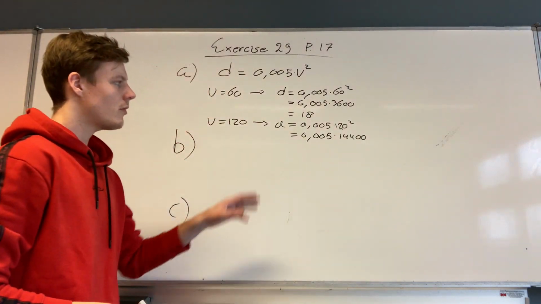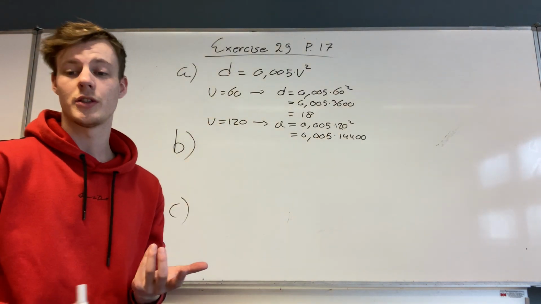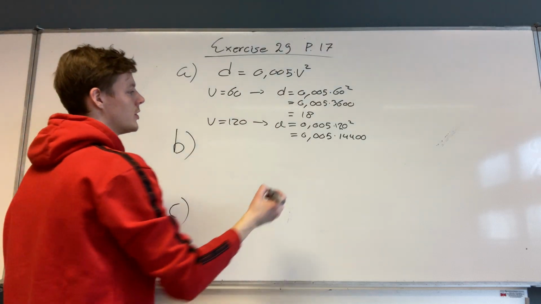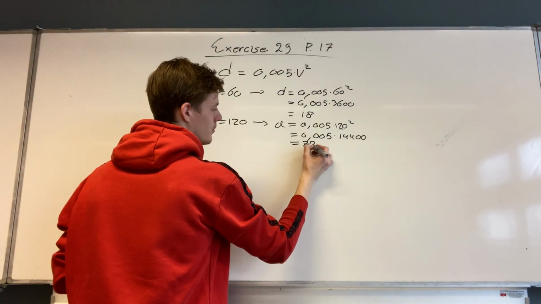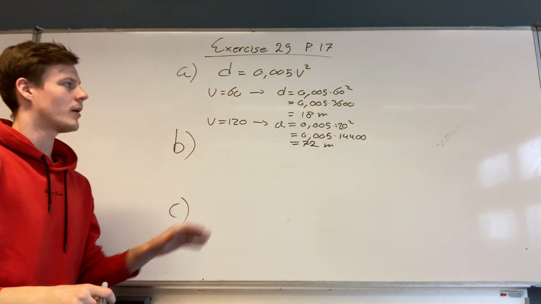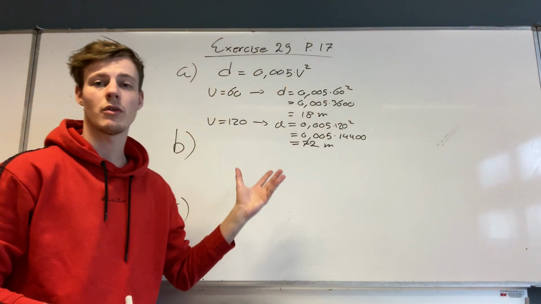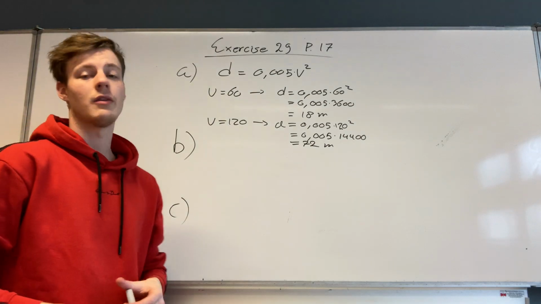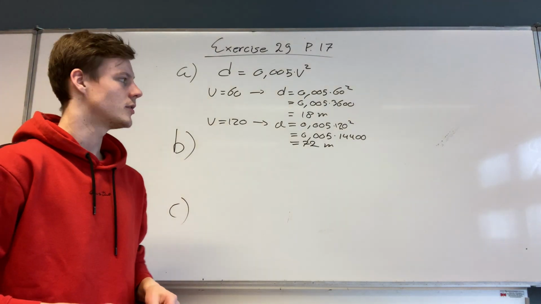All right, and these two multiplied with each other equals 72 meters, and this as well. Okay. So this is just a matter of filling in the velocity and calculating the distance.